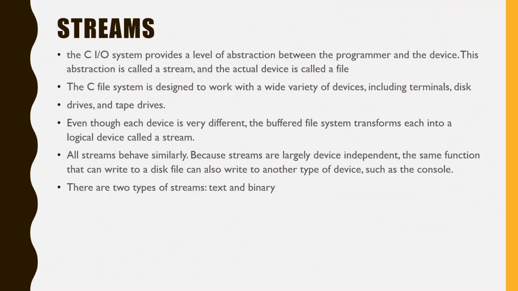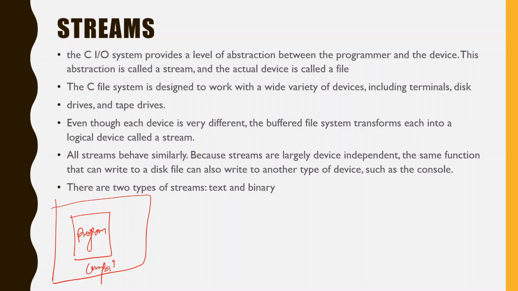Before going to the files, let us understand the concept of streams in C programming. A program is running inside the compiler. If it wants to communicate with input or output devices, what are the devices there? Suppose this is input device 1, which can be a printer.